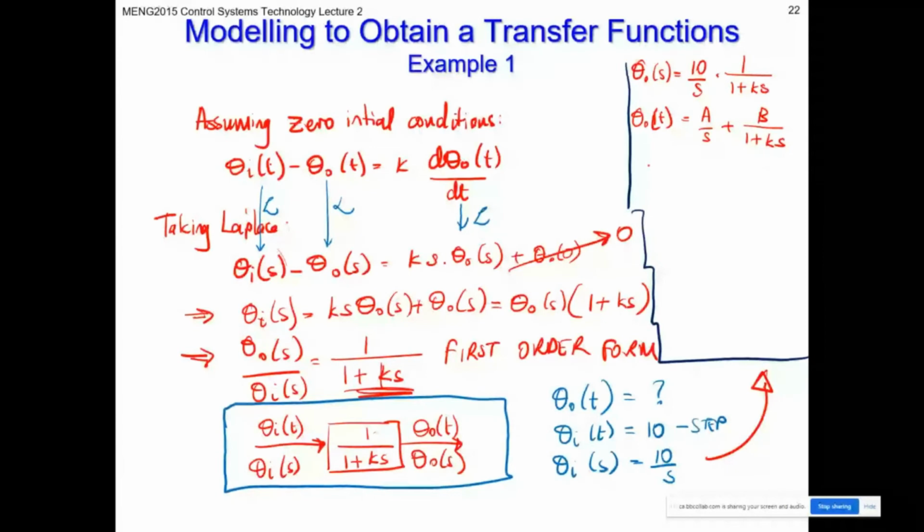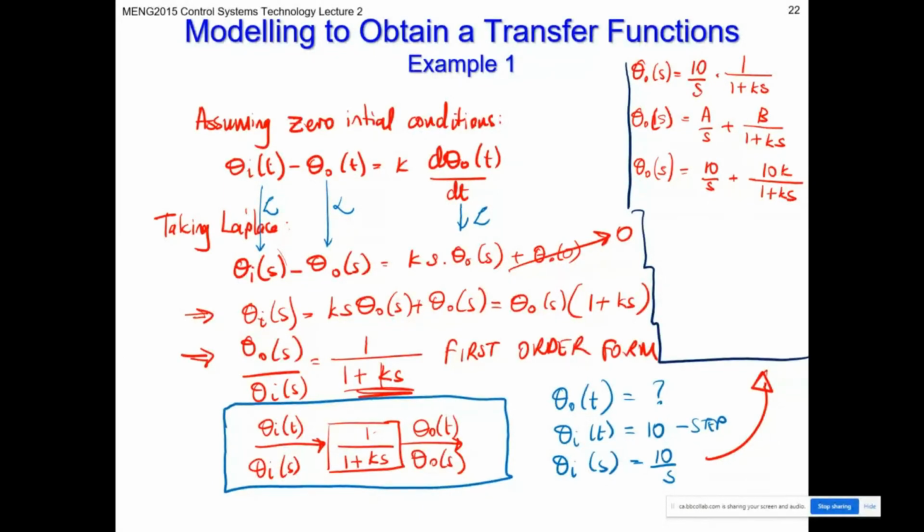Right? And when we substitute in, cross multiply, we can get values of a and b, and our value a is going to be 10. Our value of b is going to be 10k. Now we can do our inverse Laplace transform.